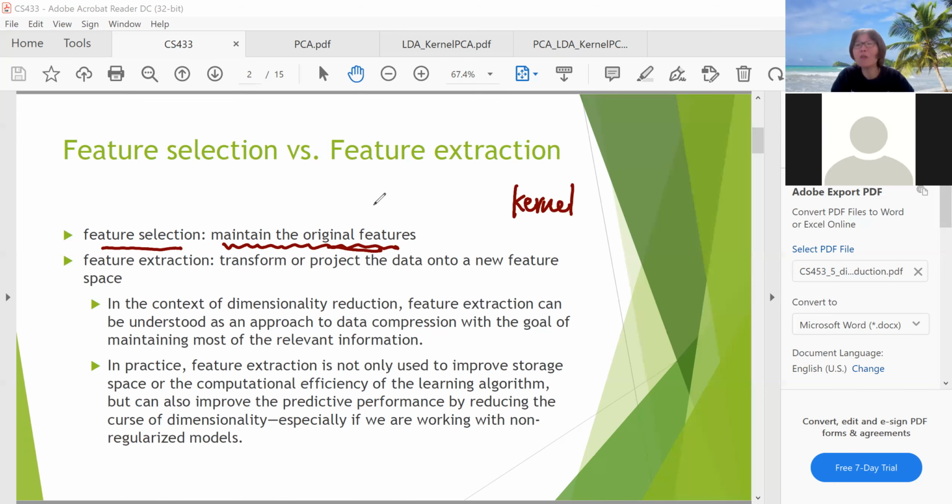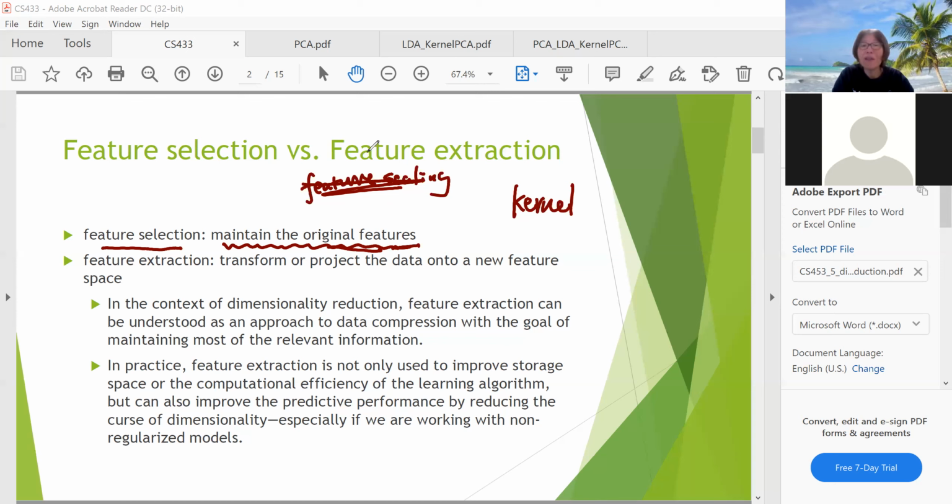This doesn't mean we do the feature scaling. Feature scaling has nothing to do with that, that's a different story. Okay. So we maintain original features, because later today there's another technique where we are not going to maintain the original features, okay?